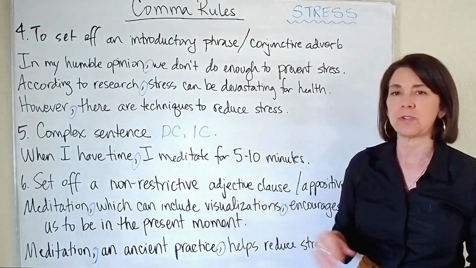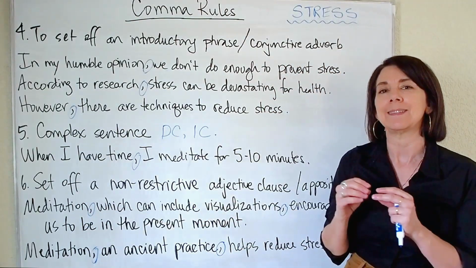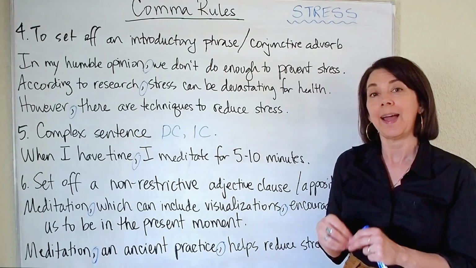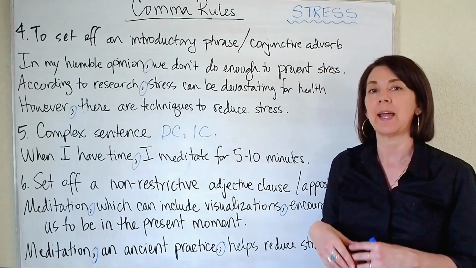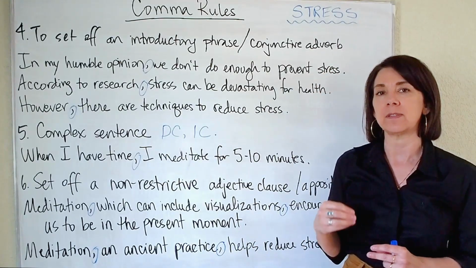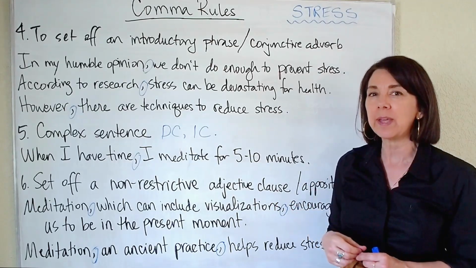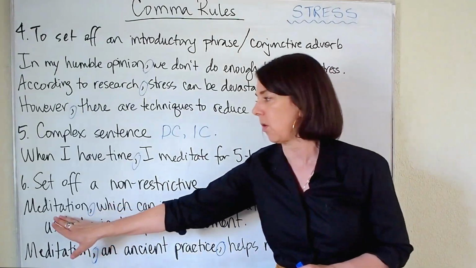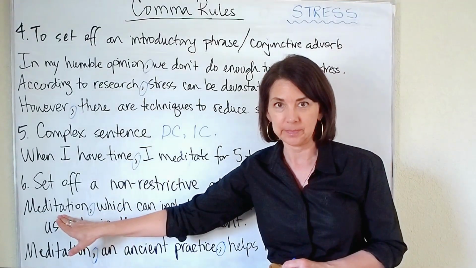A non-restrictive adjective clause means that it's not essential to the sentence. It adds extra information, it adds useful information, but it's not necessary to the sentence. In other words, you can take it out and the sentence would still make sense. You would still know what we are talking about.